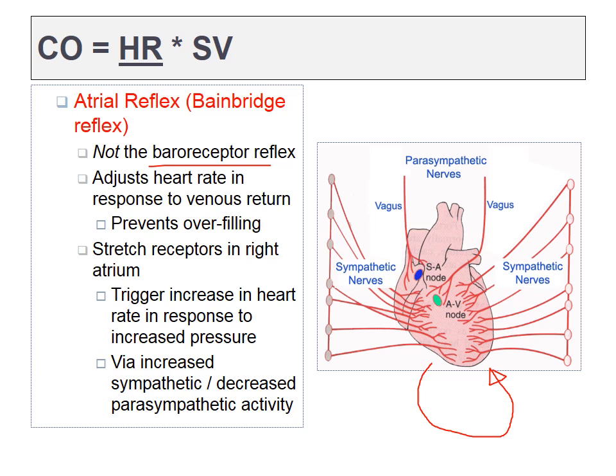They can contract and then bounce back to their original shape, but we wouldn't want to stretch them out too much. So to prevent the heart from overfilling, we've got this reflex that will automatically activate a contraction of the ventricles, even if the SA node isn't telling them to do so.